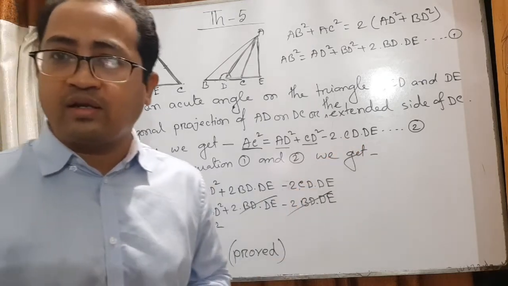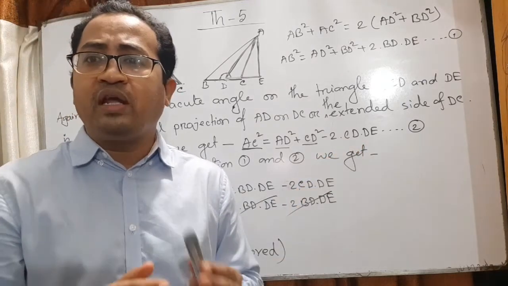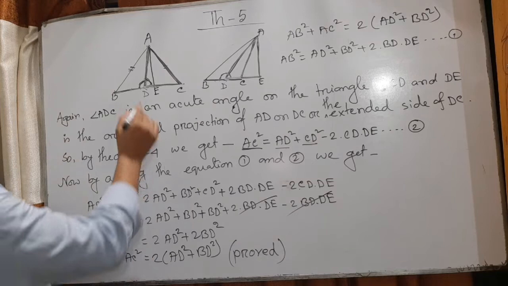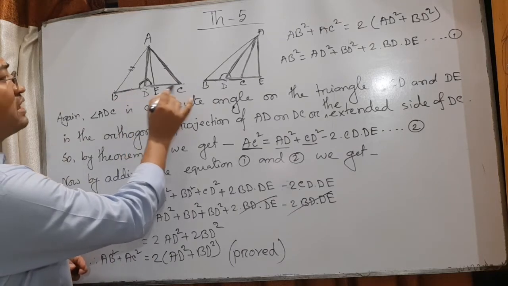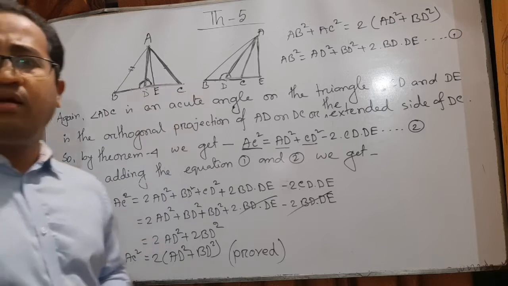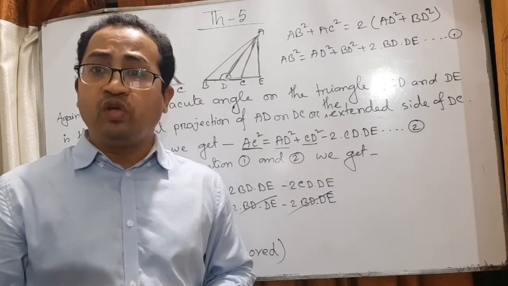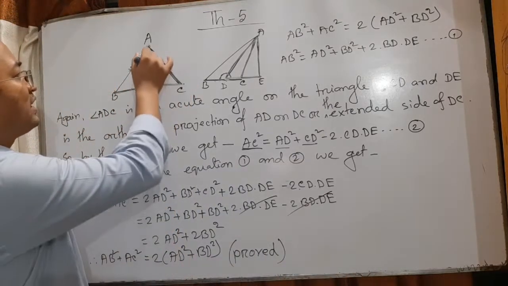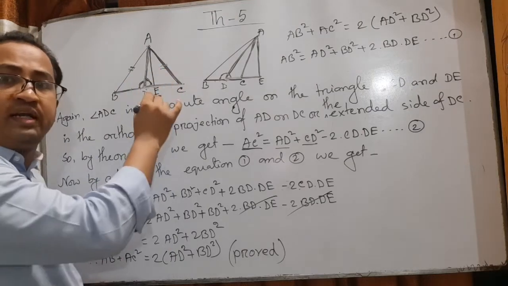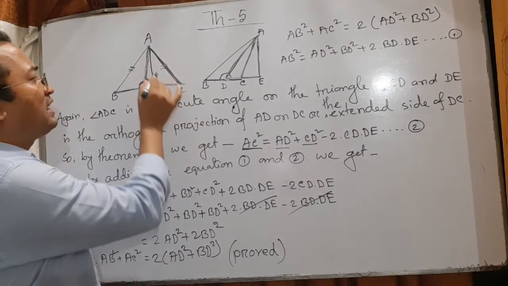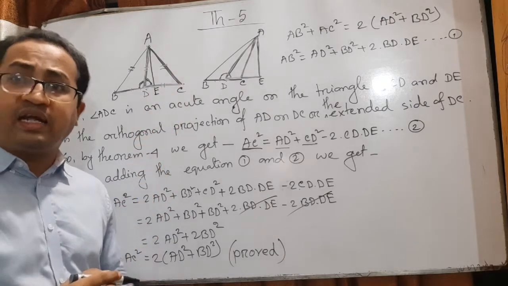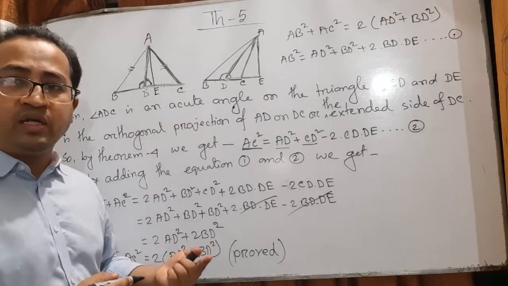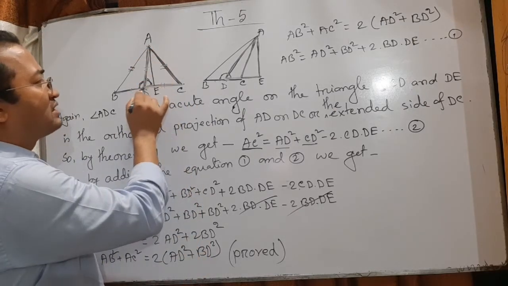So what will be the length of the rectangle and what will be the breadth? Length will be any one of the other two sides. AC is already used; the remaining two sides are AD and DC. We consider DC as the length. So what will the breadth be? Breadth will be the orthogonal projection of the other side, AD, that is DE.